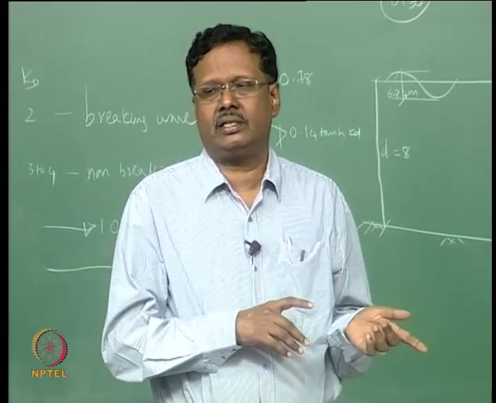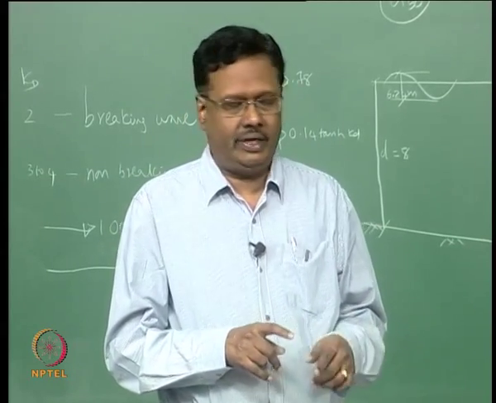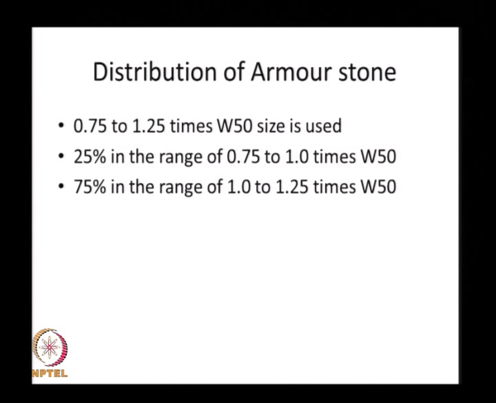Similarly, when we design with Hudson's formula, the weight is W50. What we are designing based on the significant wave height is W50. It is based on weight, it is not by the size. When you want to place this weight, 25% should be in the range of 0.75 to 1 times W50 and 75% should be in the range more than W50. That is because of the wave height.